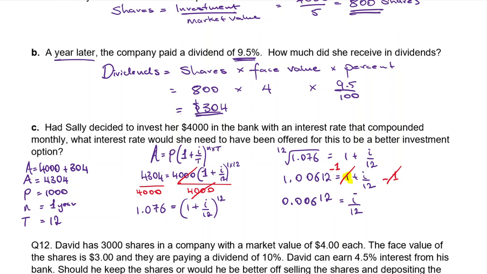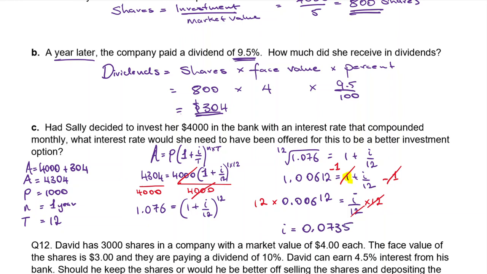And then I want to get rid of the 12, so I'll multiply by 12 on both sides. And finally I've got my interest, which is in a decimal, and that is going to be 0.0735.